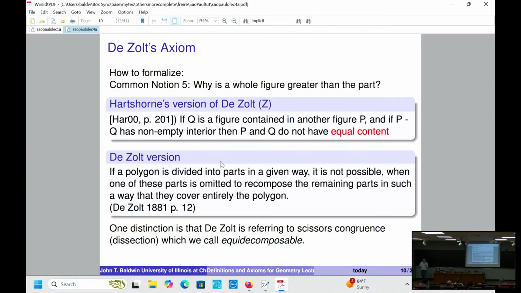Now, Desolt is somebody in the 1870s or so who plays a big role in this, but that's about what nobody knows about him, at least me. And he phrased the question as: if a polygon is divided into parts in a given way, it is not possible, when one of these parts is omitted, to recompose the remaining parts in such a way that they cover entirely the polygon.